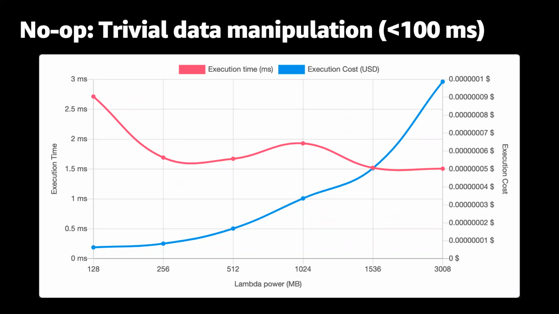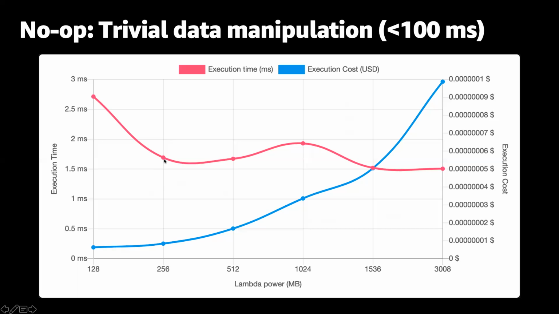But even for this kind of workload, sometimes you can find interesting trade-offs. So usually there is no way to make these function executions cheaper. As you can see, the blue line always grows, basically. So more power usually means more expensive. What the trade-off is about is that sometimes you do get a couple of milliseconds of performance improvement.